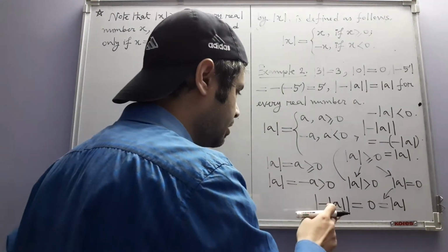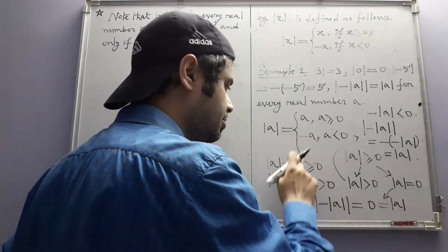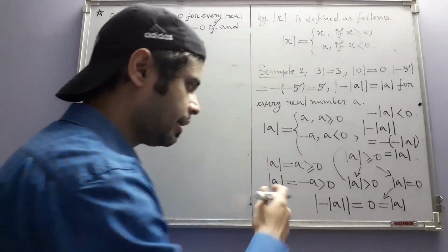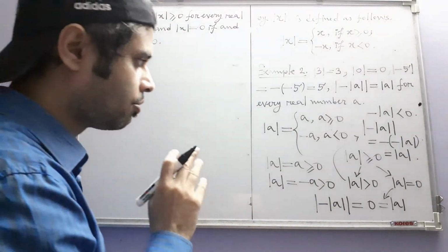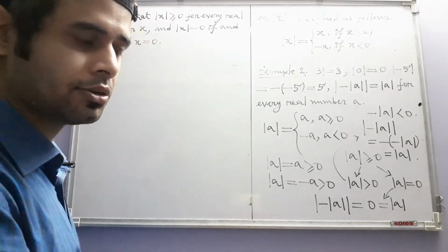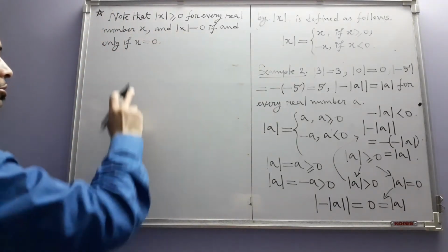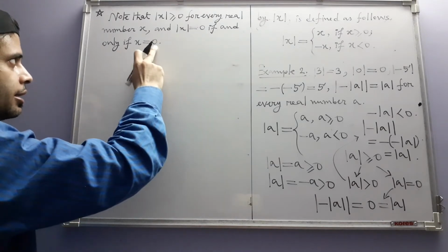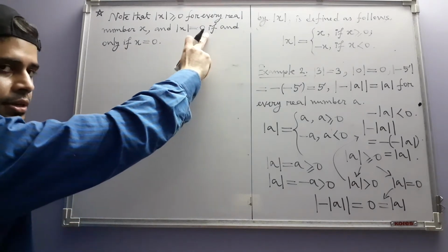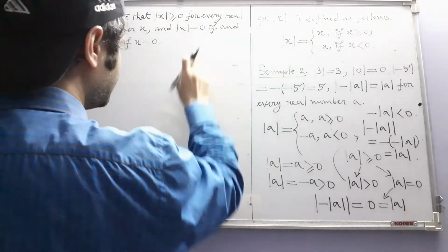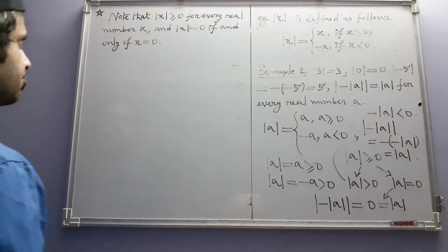If a is negative, then absolute value is minus a, which is again greater than 0. So only when a is equal to 0 do we have absolute value equal to 0. And the converse is clearly true. When x is 0, then this is equal to 0. So that's why we have if and only if.